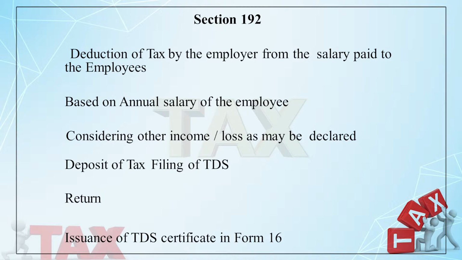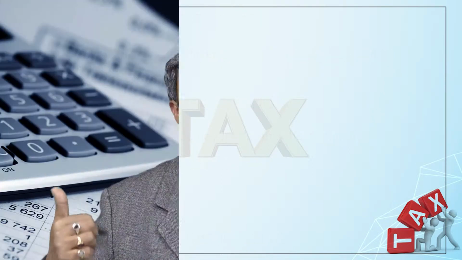The employer can take that income as part of the total income of the employee and calculate the tax, deduct every month, my friends, once again, deduct every month, deposit to the government account, and at the year end give a certificate called Form 16 to the employee and submit a return to the government of India in a particular form.